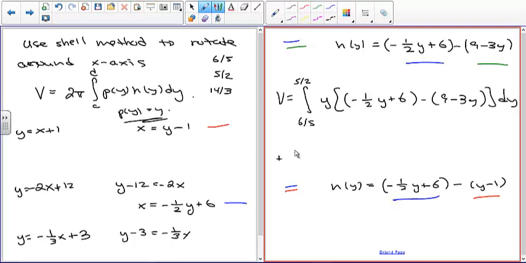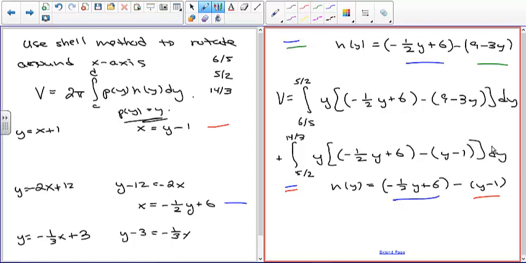And then we have the second part, which is the integral from 5/2 to 14/3 of y, that's the radius, times -1/2 y plus 6 minus y minus 1, the whole thing times dy.